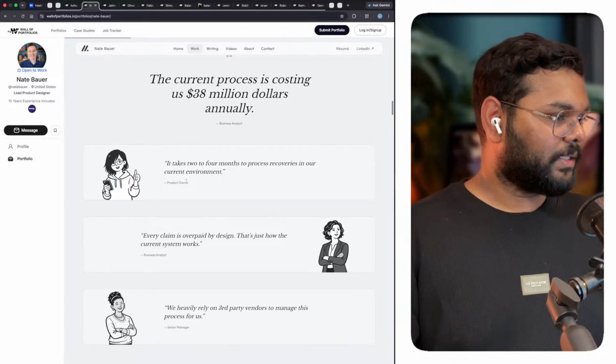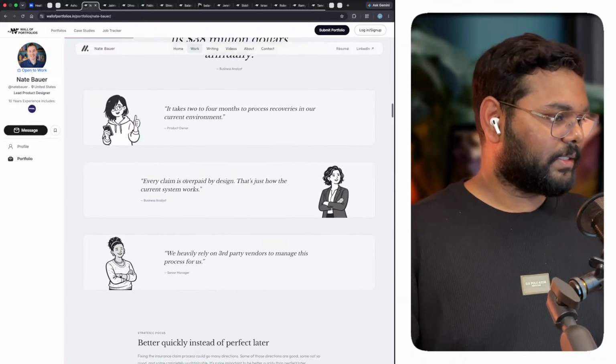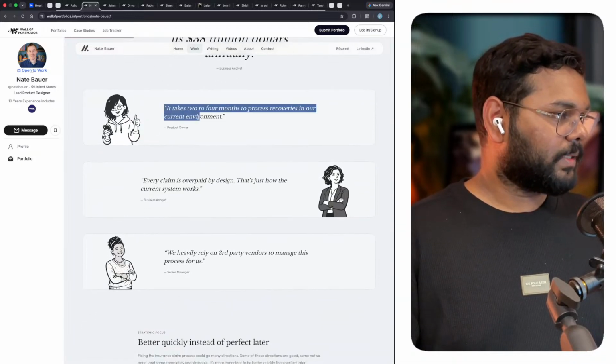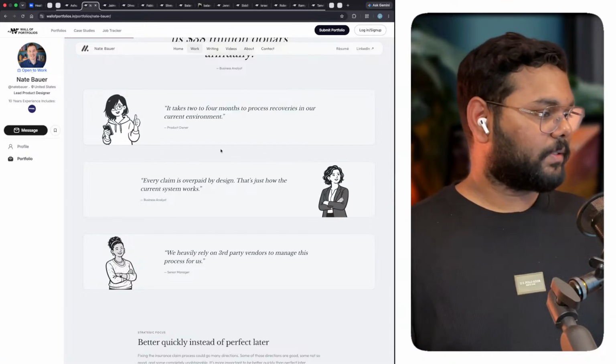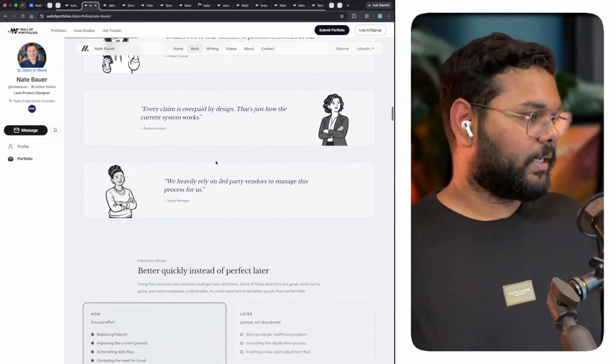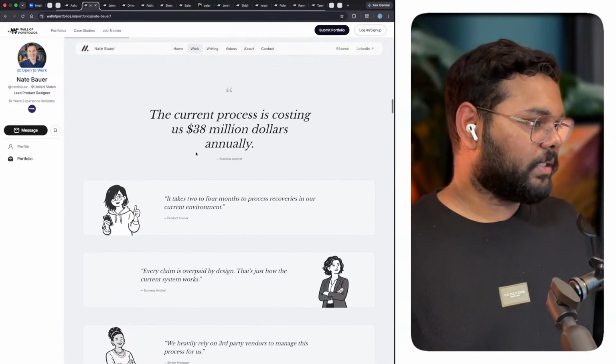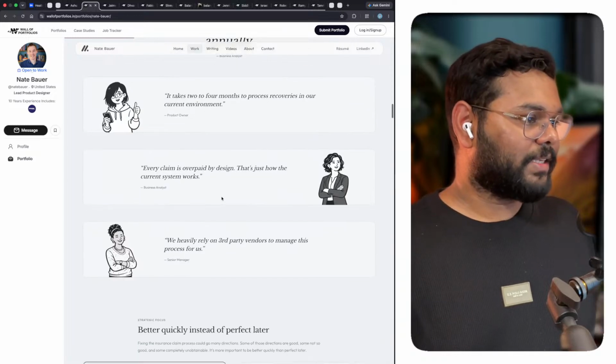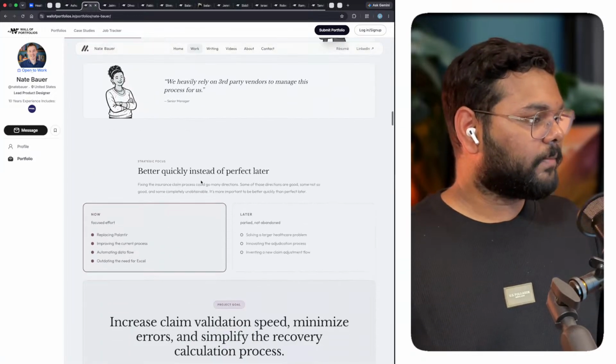Okay, then these are some, I hope. He asked different stakeholders what they think and what the problem actually was. So it's just a validation of all the problems, who said what.